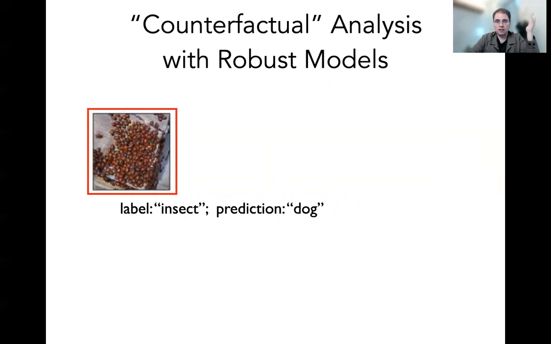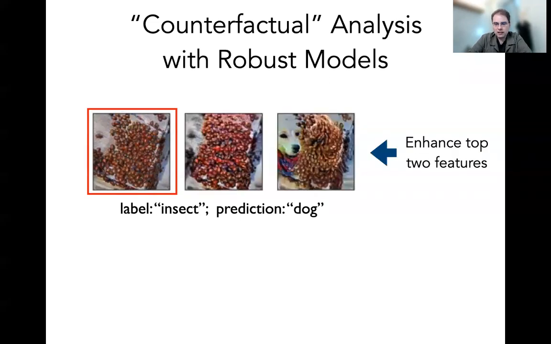You may say, that's not the only image in the world that our models will get wrong, let's just move on. But with robust models, it's not hard to ask: if you believe that this is an image of a dog, can you enhance the dogginess of this image, to show me what would convince you even more that this image is a dog? And when you do that, you eventually get the image on the right.